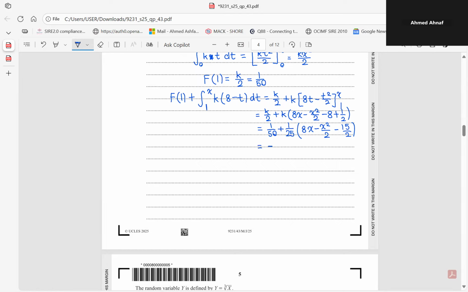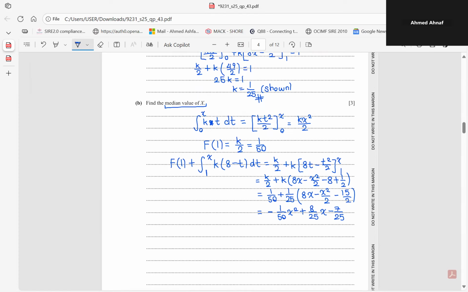You get minus 1 over 50 x squared, plus 8 over 25 x, plus 1 over 50 plus 1 over 25 times minus 15 over 2. Then you get minus 7 over 25. So this is the second CDF.